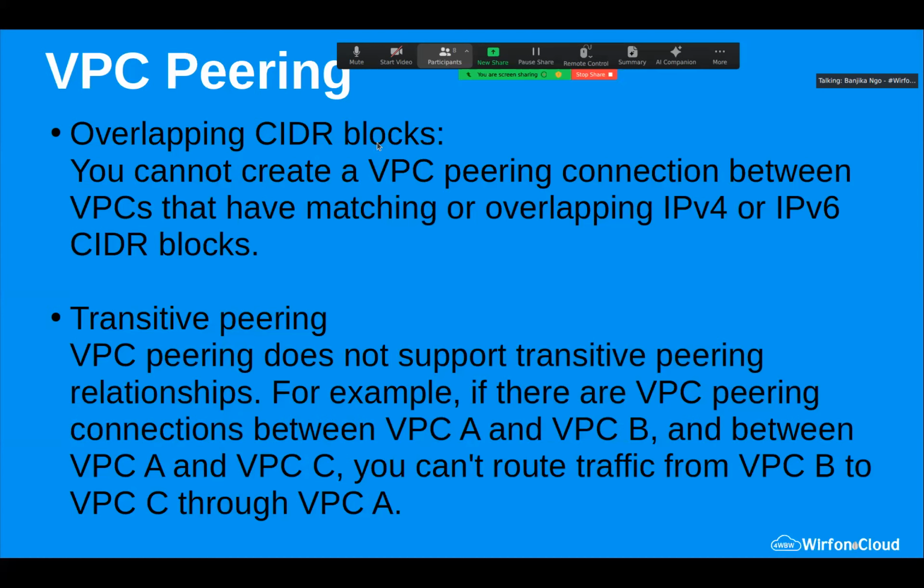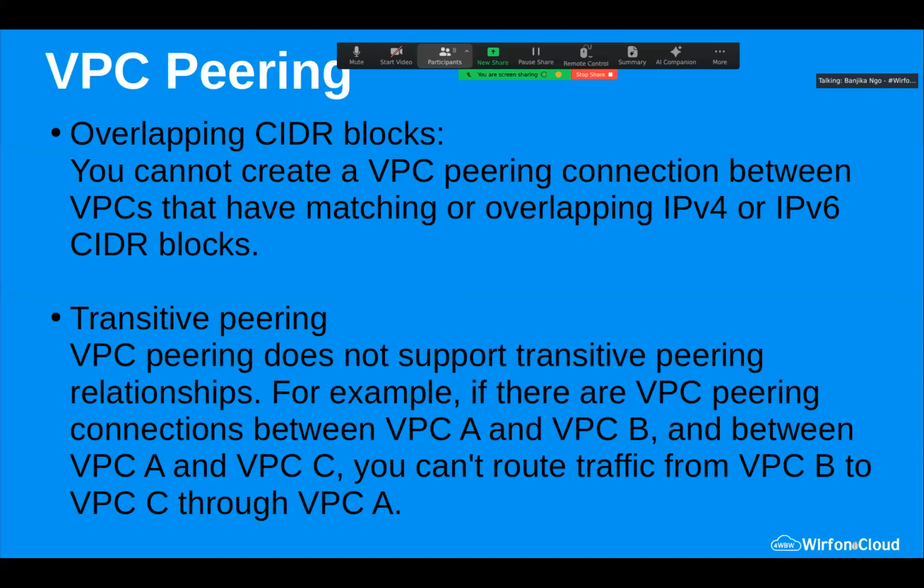We talked about overlapping IPs earlier on. That means the addresses in VPC A shouldn't overlap with VPC B. So you cannot have two VPCs with the same CIDR block and connect them. Remember, it will bring confusion because you would have hosts with the same address in another VPC and you want to combine both of them. So the key thing is the CIDR blocks should not be overlapping.